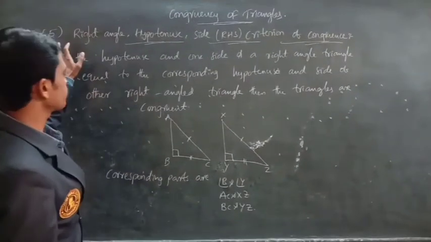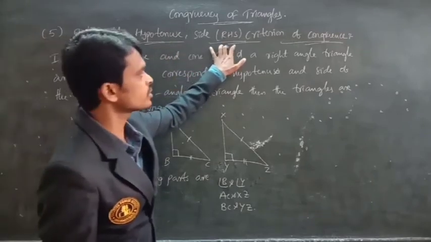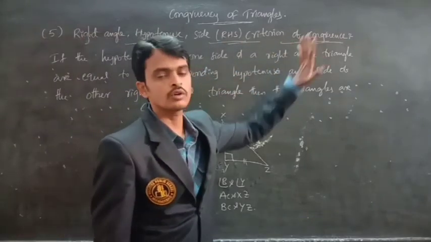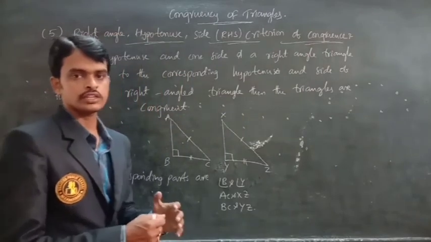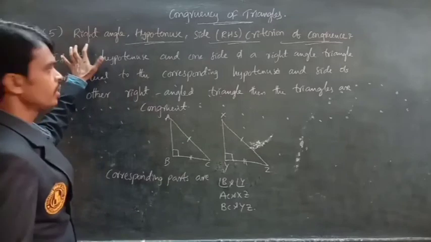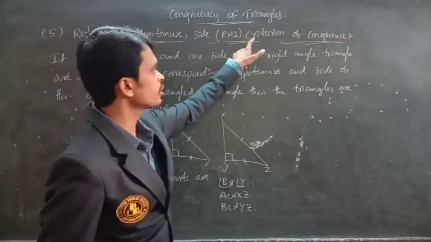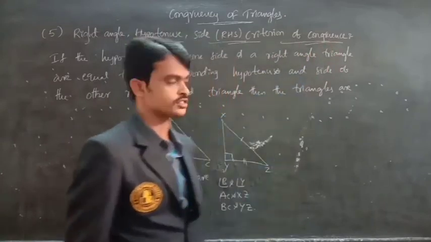Next, the fifth one, right angle hypotenuse side, RHS criterion for congruence. This is the last one of the criteria for the congruency of triangles.